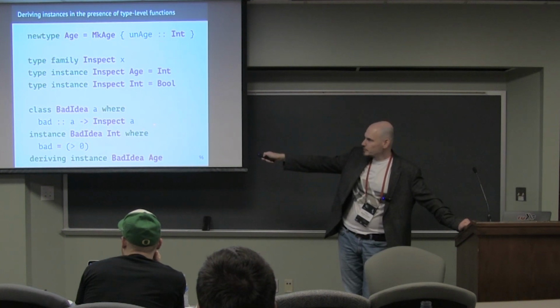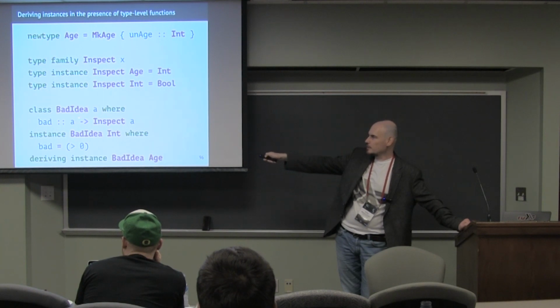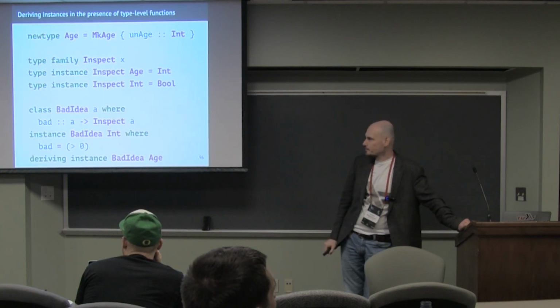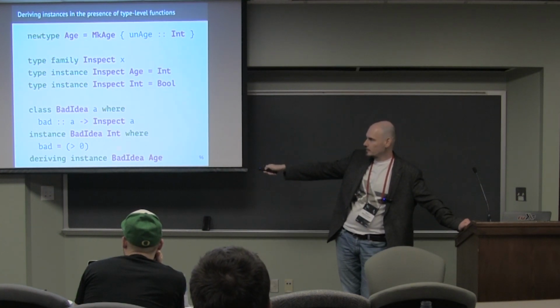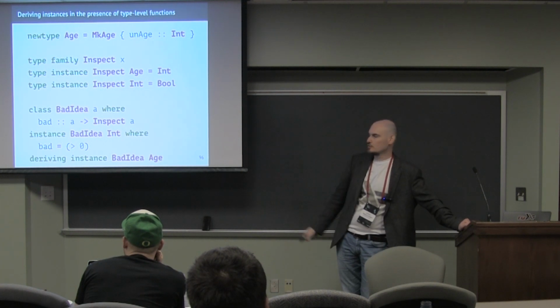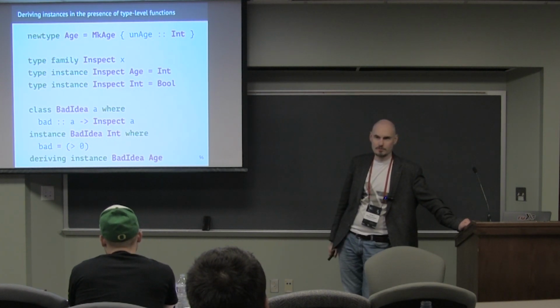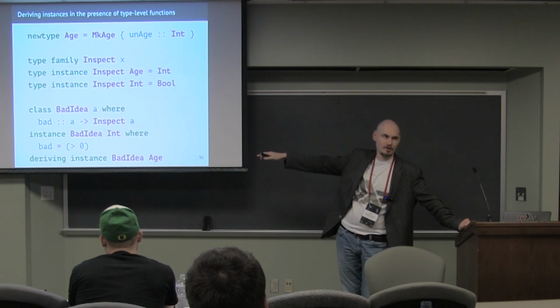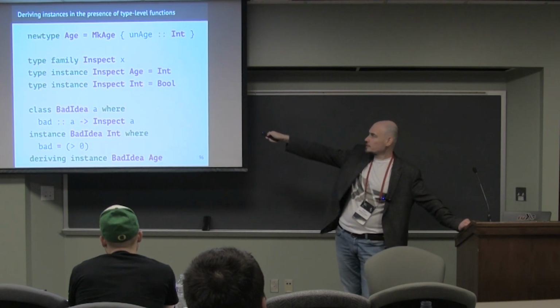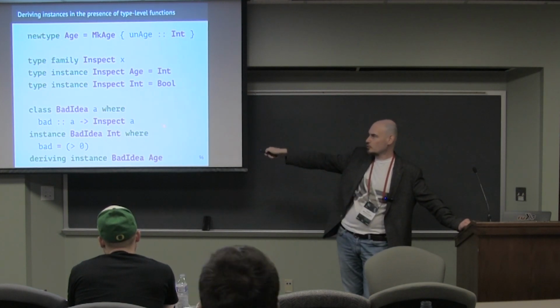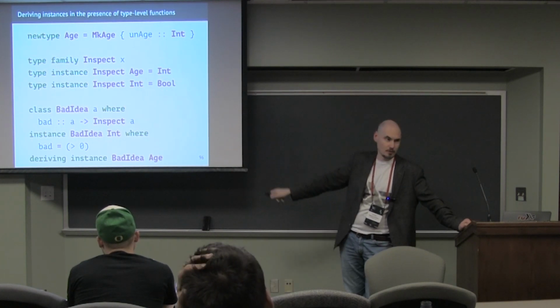And you want to have this function there, so the argument of type A and result of type Inspect A. Then you implement this instance here for integers, and you say, well, bad is equal to greater than 0. That will be a function with result of type Bool, because Inspect Int is Bool. So this is type checked without any problem.